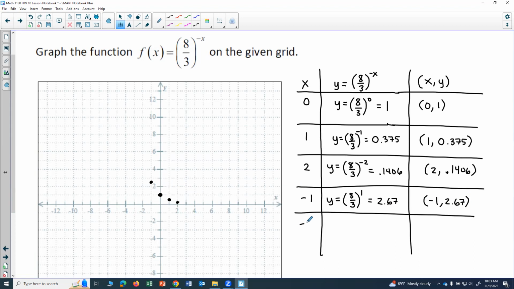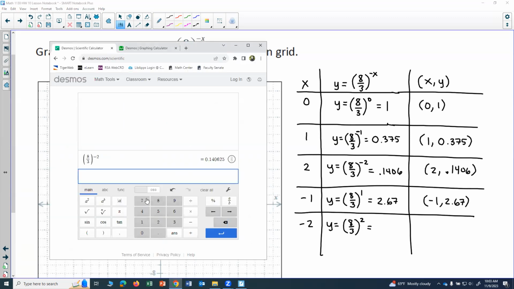All right, and then one more point. Let's say I do -2. I'm going to have y equals 8/3 to the -2, which would give me a +2 up there. So I want to do 8/3 squared. Okay, so I do parentheses, 8 divided by 3, close the parentheses, get into the exponent and square it.